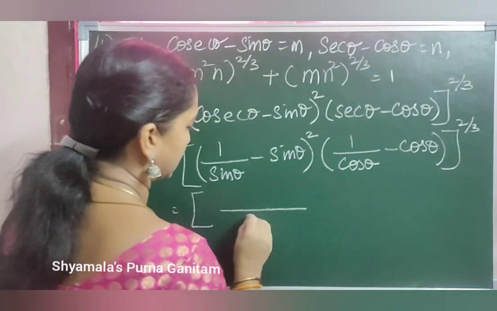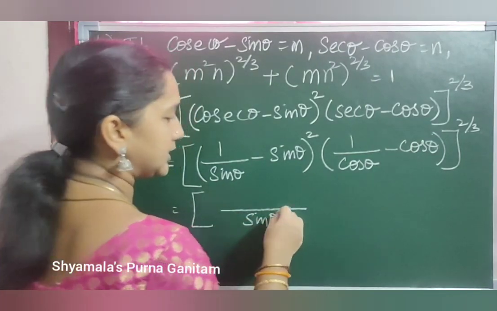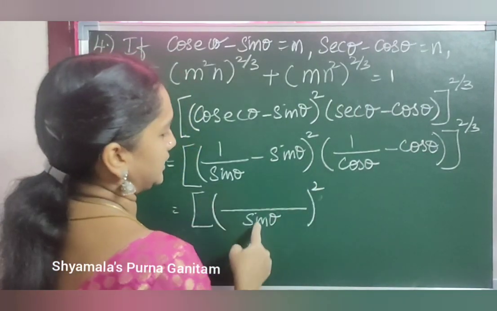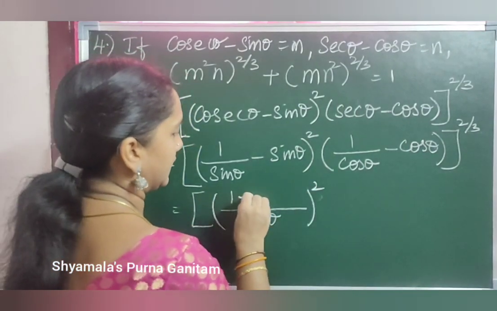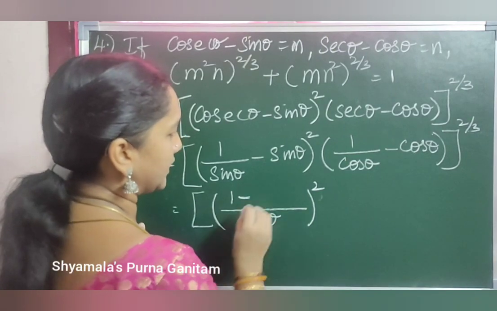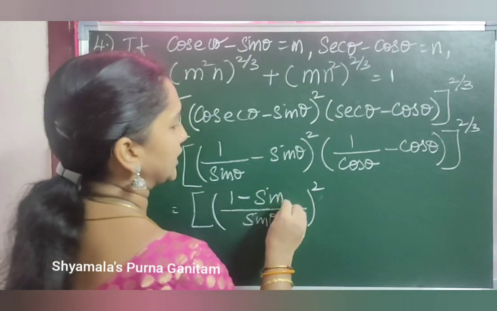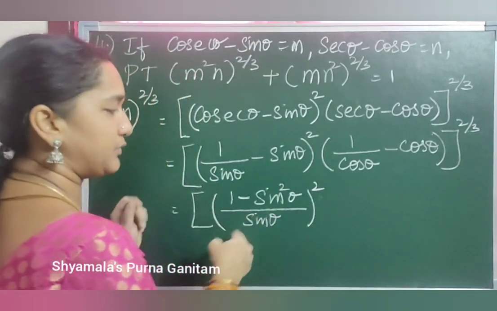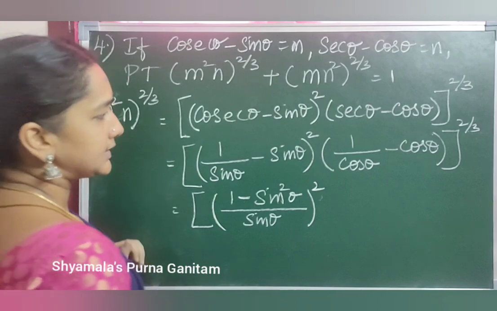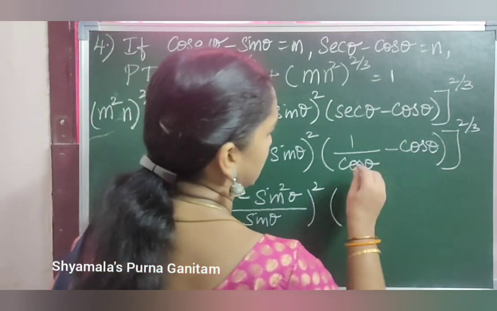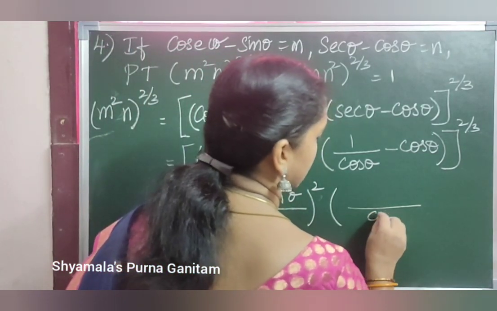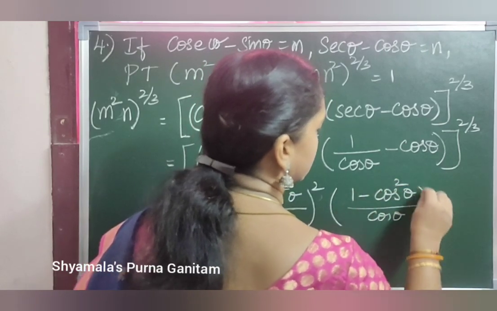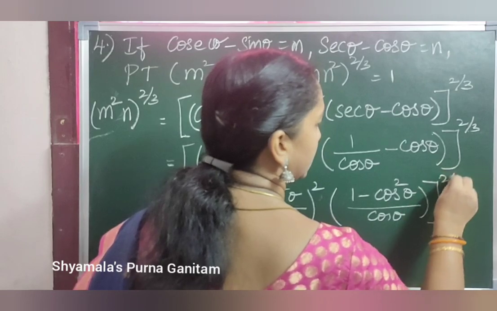So when I simplify this, sin theta is the denominator and in the numerator I will get 1 minus sin squared theta, the whole squared. So when I find the LCM I will get 1 minus sin squared theta. Same way here also, cos theta is the denominator and in the numerator I will get 1 minus cos squared theta, whole power 2 by 3.